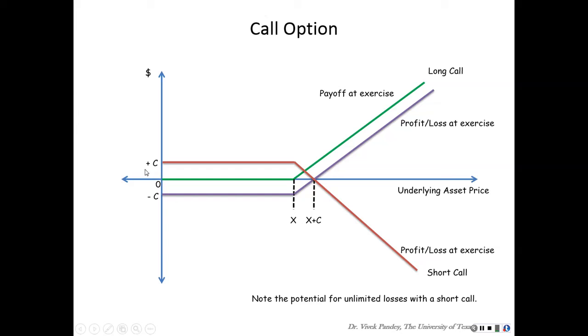The seller gets to keep the $5, the cost of the call option, if the stock price remains below X, or 100 in our case. And if the stock price rises above 105, the seller will start to lose. Of course, the seller actually has the potential to lose an unlimited amount of money.